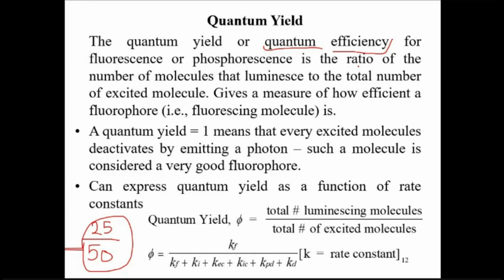It may happen that there will be 1,000 molecules out of which 50 are getting excited, or 100 molecules out of which 50 are getting excited, or 60 molecules out of which 50 are getting excited. It gives a measure of how efficient the fluorophore within the molecule is.